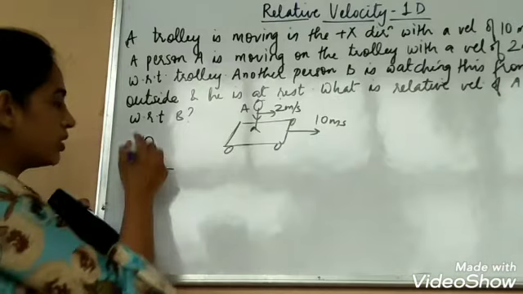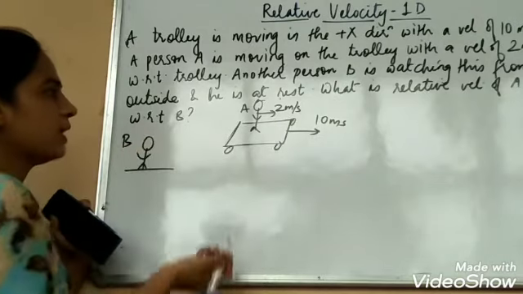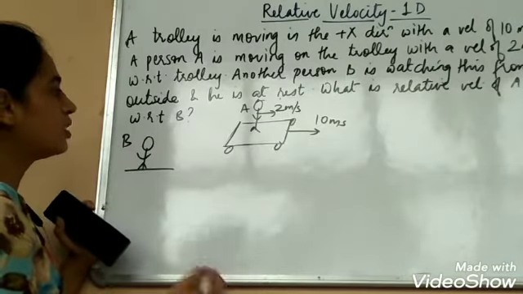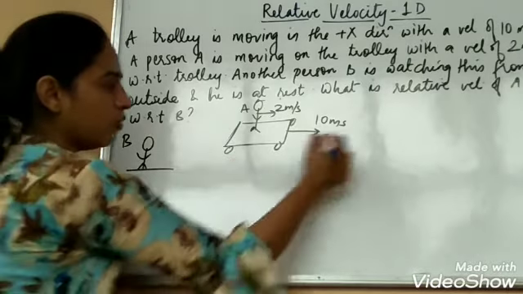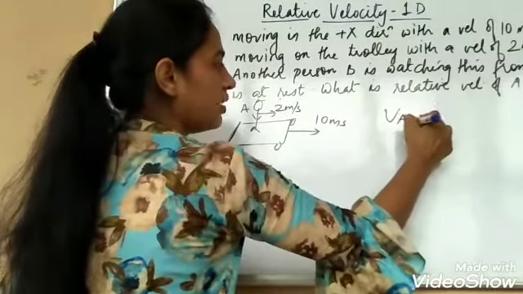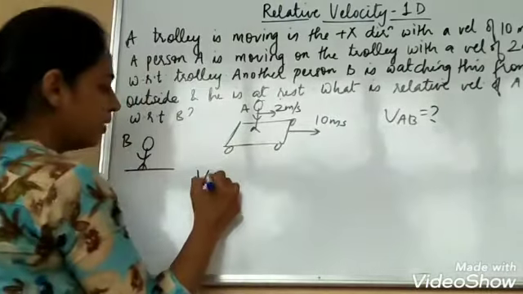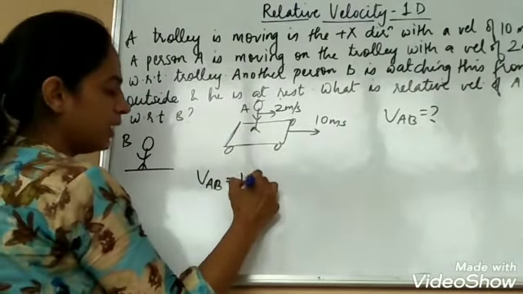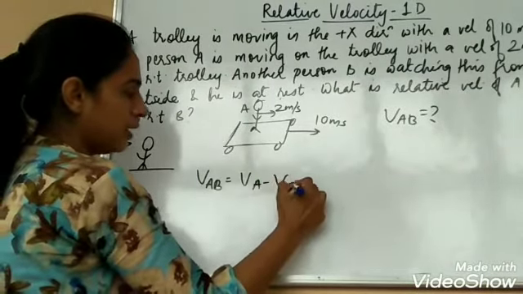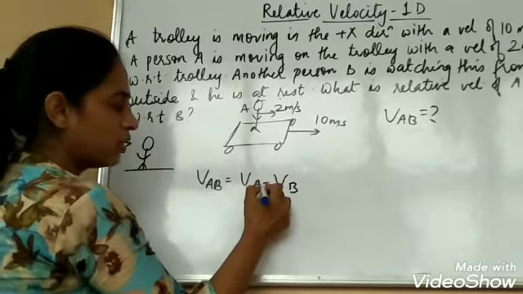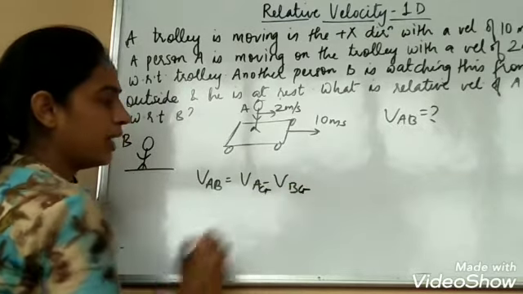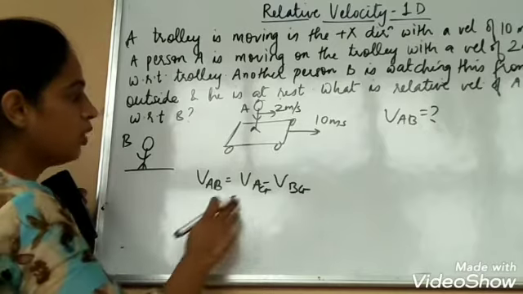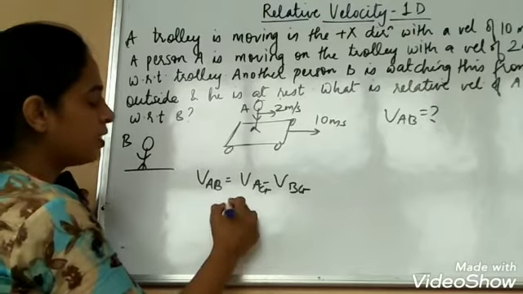So what is his velocity with respect to the ground? It is 0. What is the relative velocity of A with respect to B? So we have to find velocity of A with respect to B. The velocity of A with respect to B is VA minus VB. Remember always, this is velocity of A with respect to ground minus velocity of B with respect to ground. So what is velocity of A with respect to ground?